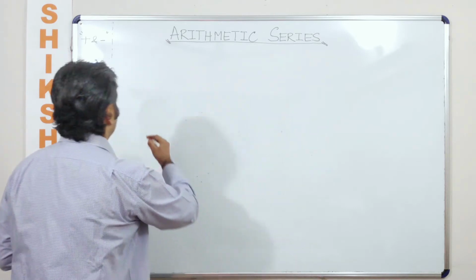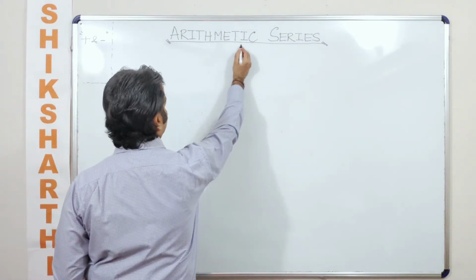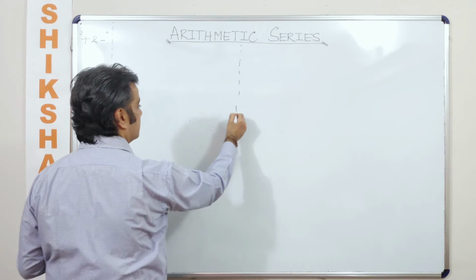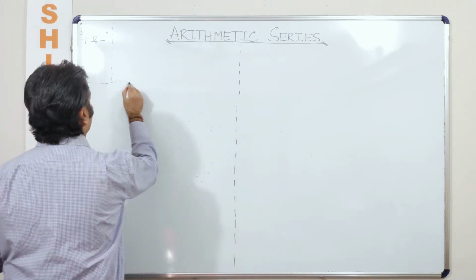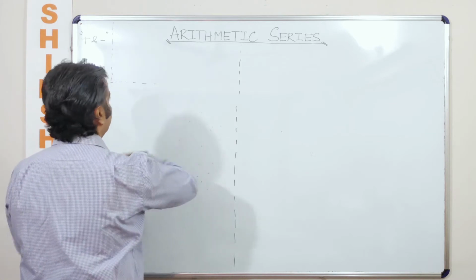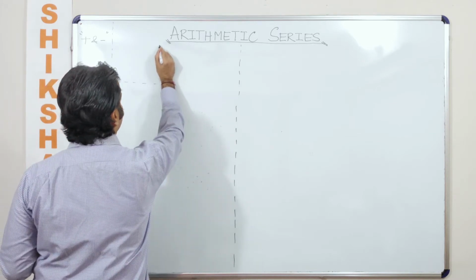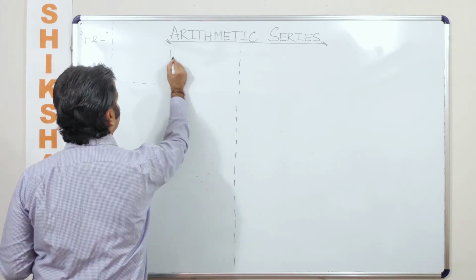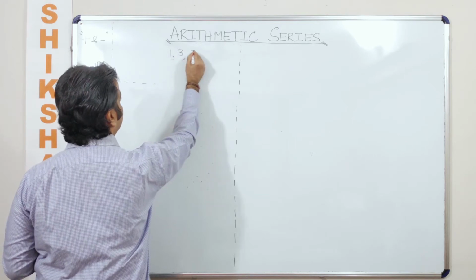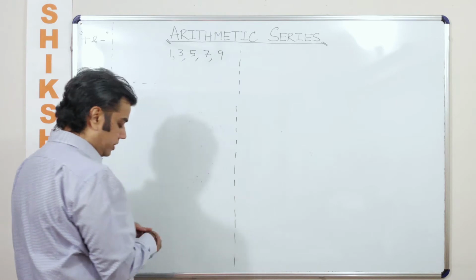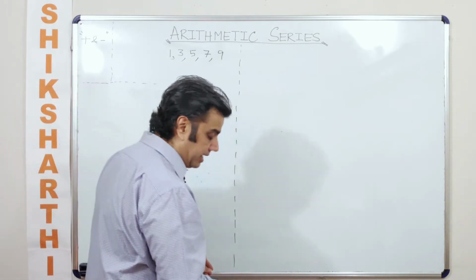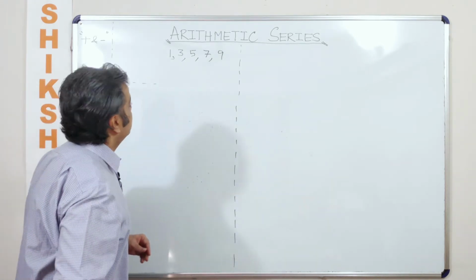Okay. Now, let's say I'm going to write down a series. Let's say I'm writing the series as 1, 3, 5, 7, 9. Okay, so this is a series that I have written here. Why do I call this a series?